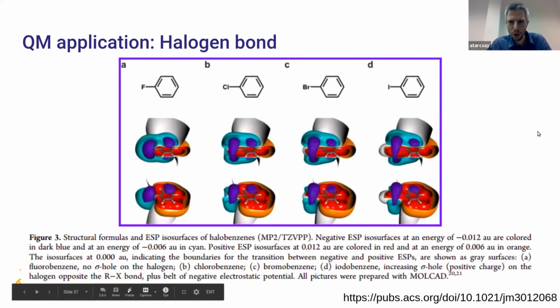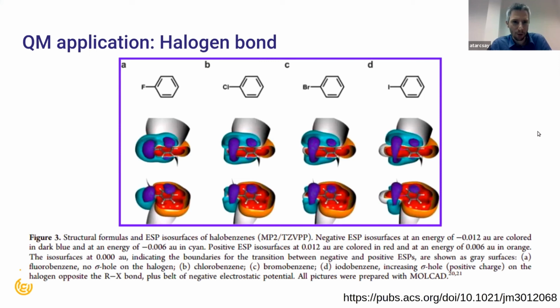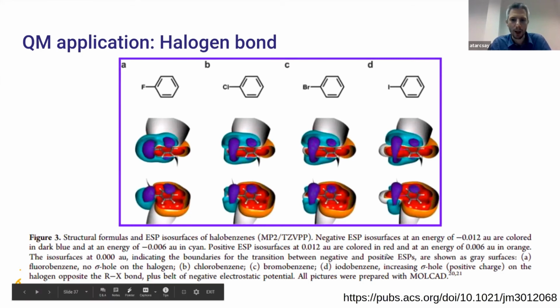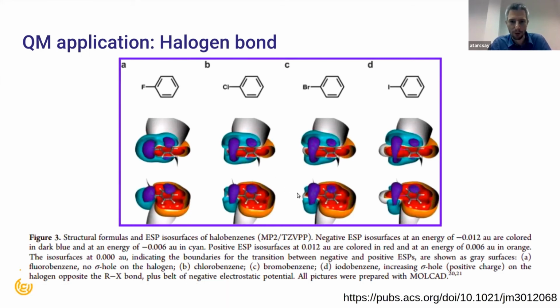It was in J Med Chem a couple of years ago, where they investigated the role of halogen bonding, and they calculated various halogen derivatives of benzene: fluorobenzene, bromobenzene, and iodobenzene. And here what you see is the ESP isosurface representations calculated with MP2. And the red field corresponds to the positive charge.